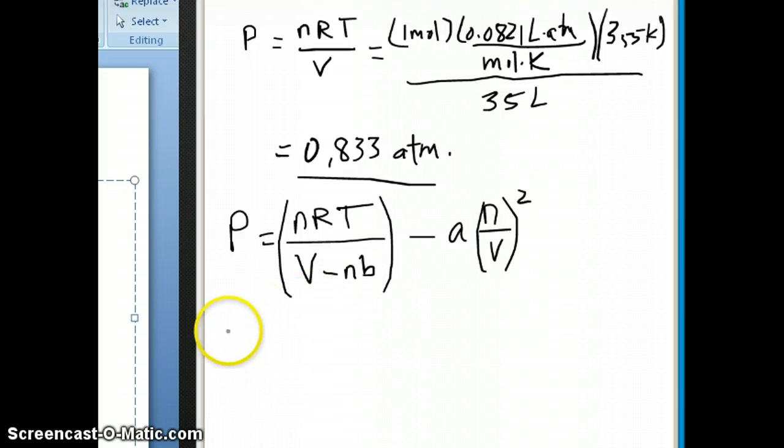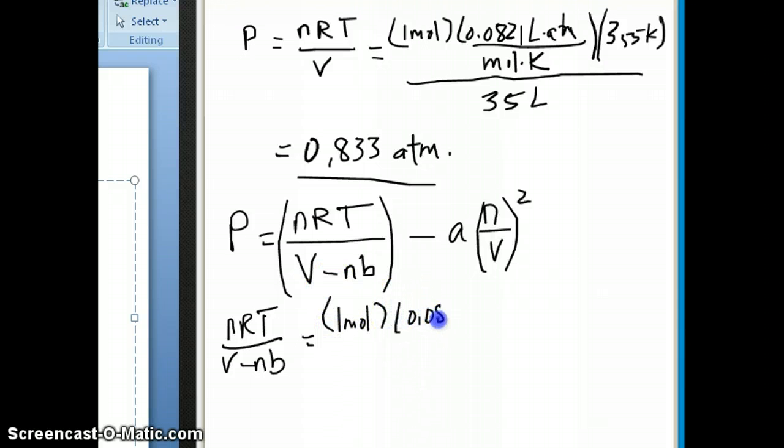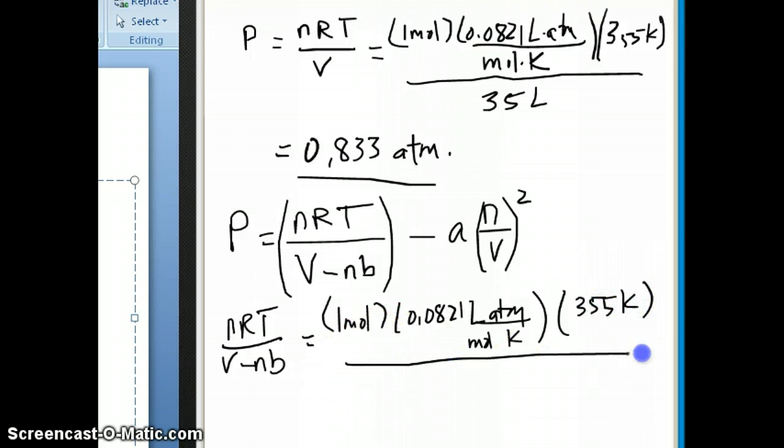So if I were to calculate the nRT over V minus nb first, I'm gonna just plug in the numbers here, 1 mole again for n, and then 0.0821 liter atmosphere per mole Kelvin, and then 355 Kelvin is my temperature, and then the denominator in this case is volume, which is 35 liters, minus the n times b.